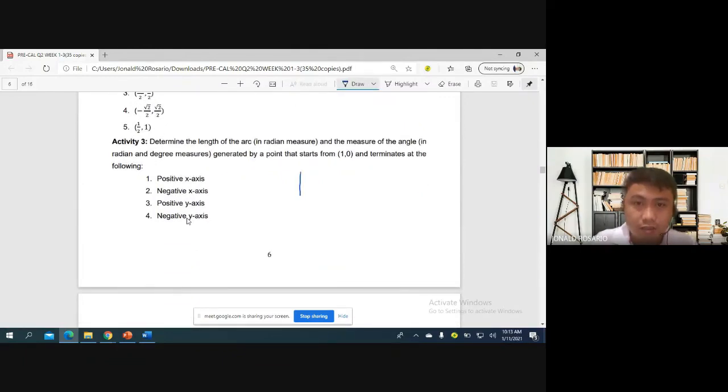I will draw. For example, you have here the Cartesian coordinate plane, y and x. According to this one, determine the length of the arc and the measure of the angle in radian and degree measures generated by a point that starts from 1, 0. Nasaan ba yung 1, 0? Di ba here? This will be your initial side.